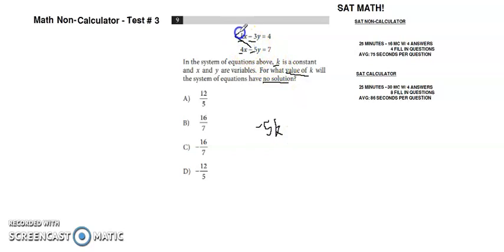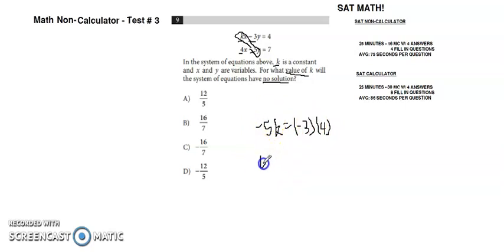Across these ones right here equals -3 times 4. So that would make this -12. And that would make this -5.